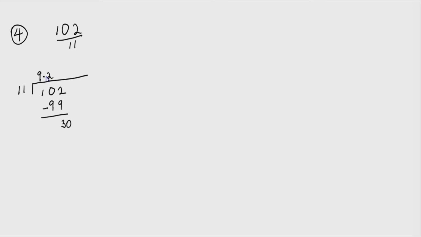And 11 and 30 is 2. 2 times 11 is 22. Subtract that from here to find out what the remainder is. And the remainder is 8. Add another 0 to it. So 11 and 80 is 7. 7 times 11 is 77.